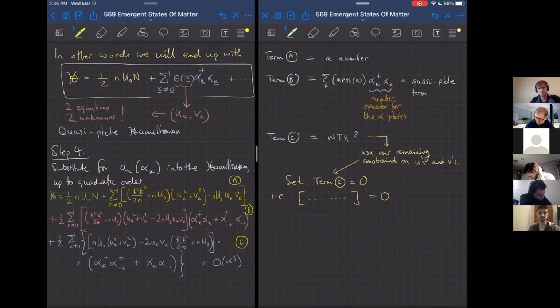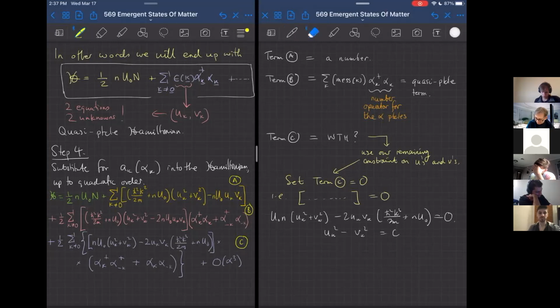So that just simply says that we have n u naught times uk squared plus vk squared, minus 2 uk vk, times h bar squared k squared over 2m plus n u naught, is going to be set equal to 0. And remember, we also have the constraint that uk squared minus vk squared is equal to 1.